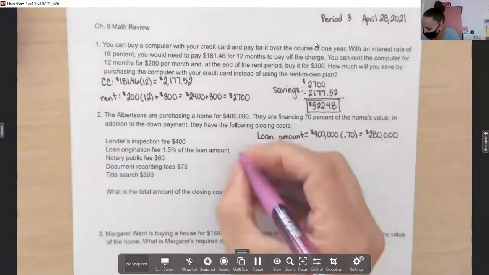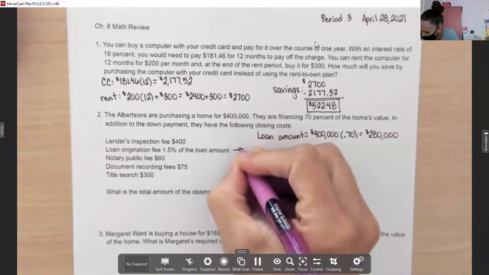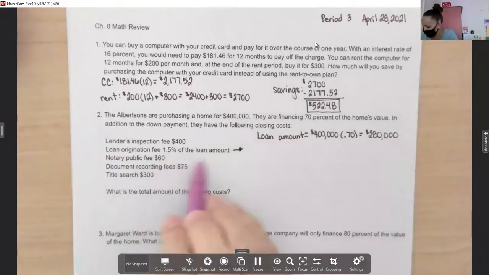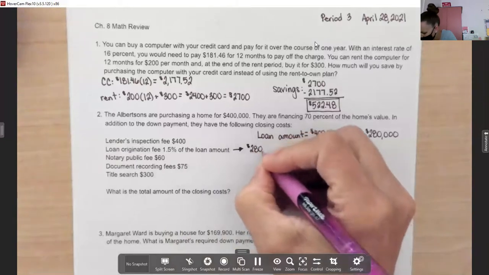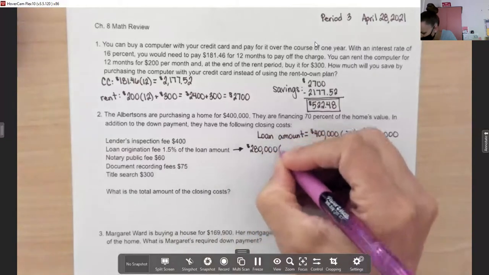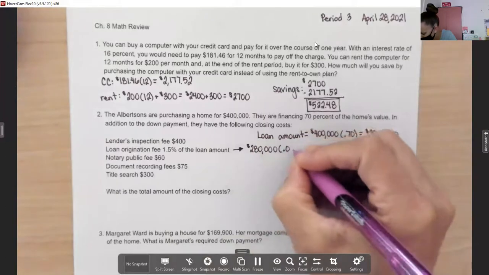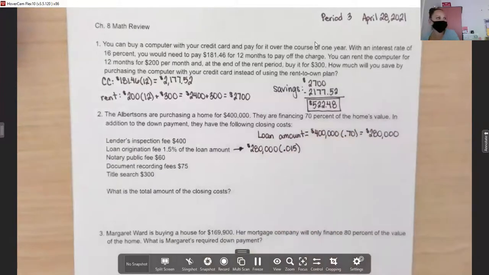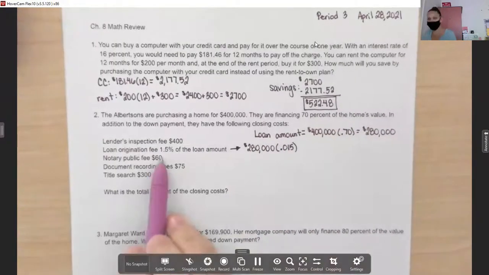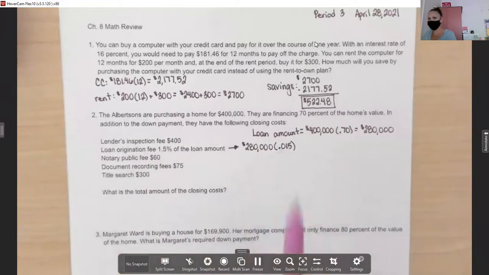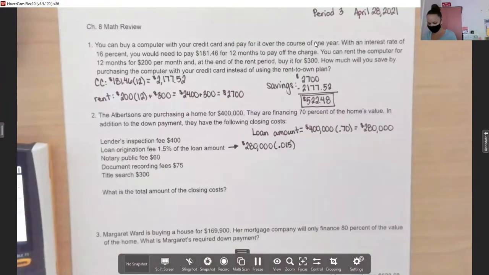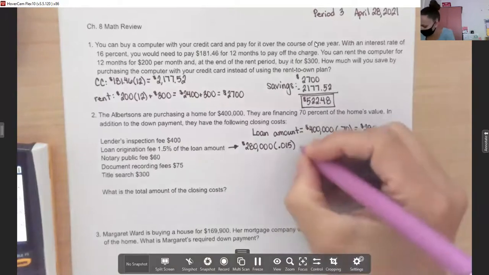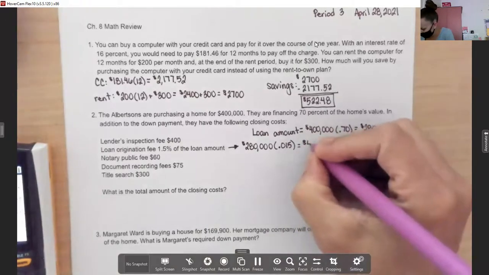So the loan origination fee here then, 1.5% of the loan amount. So 280,000 is the loan amount times 0.015. Remember, for a percent, we move the decimal 2 places, and so it's 0.015. So 280,000 times 0.015 is $4,200.